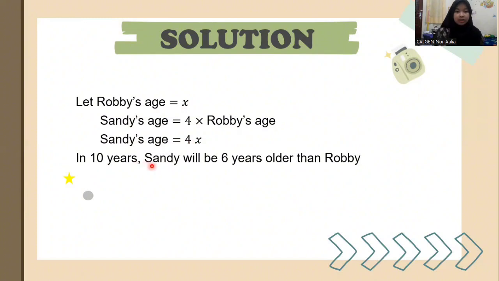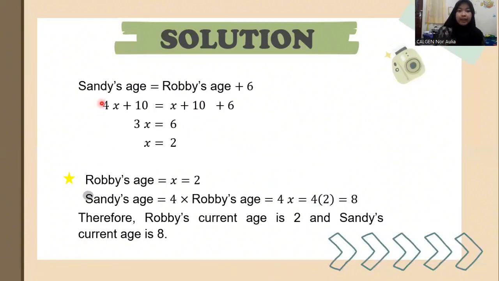In 10 years, Sandy's age equals Robbie's age plus 6.